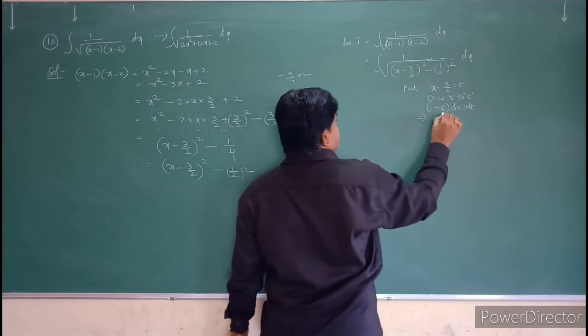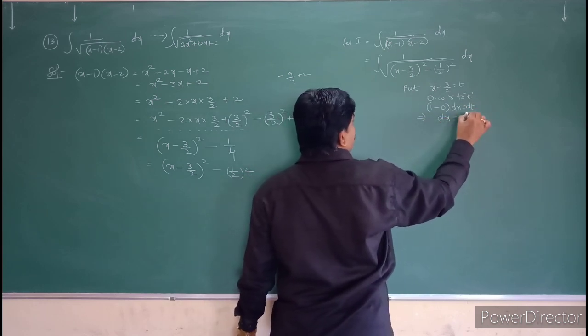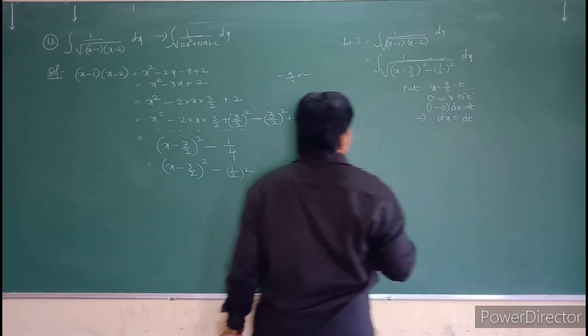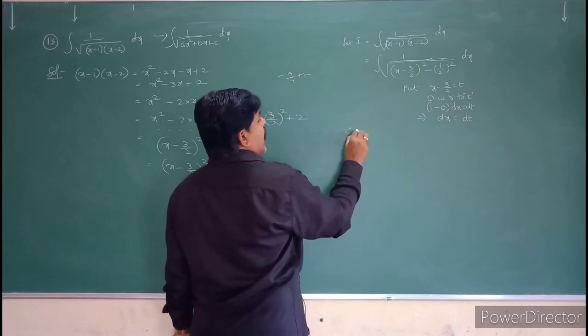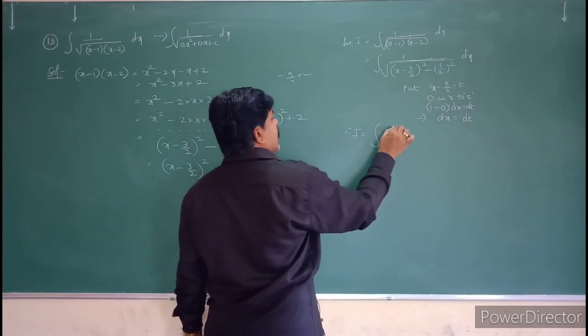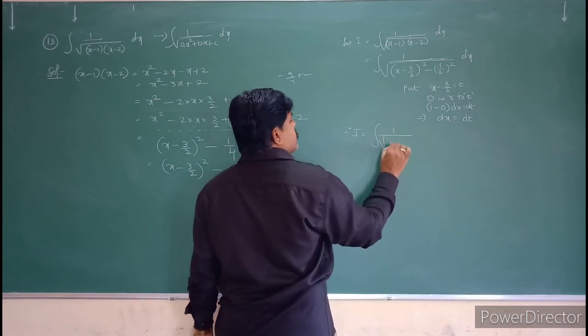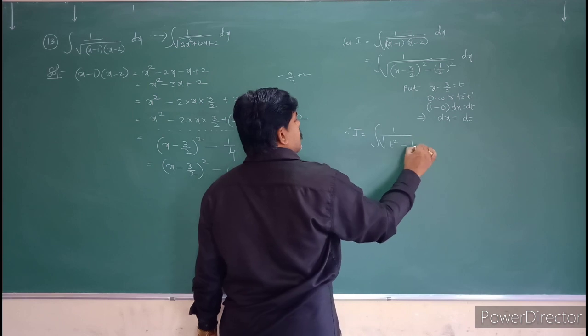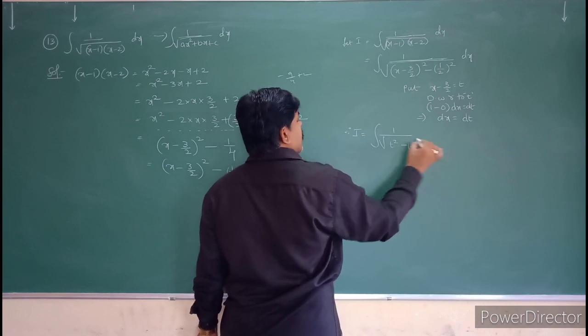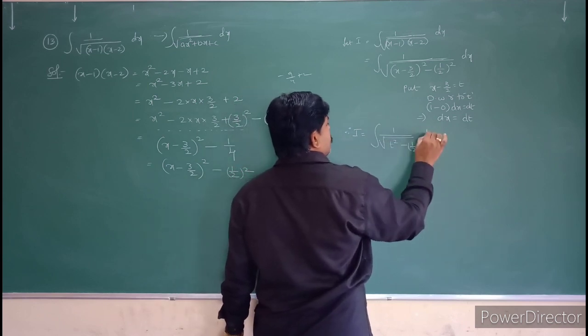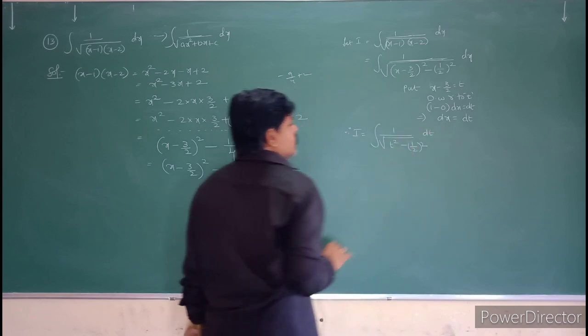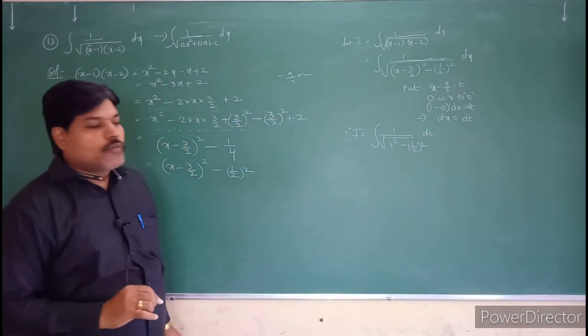So that implies dx is equal to dt. Therefore I is equal to the integral of 1 by root of t square minus (1 by 2) whole square dt.